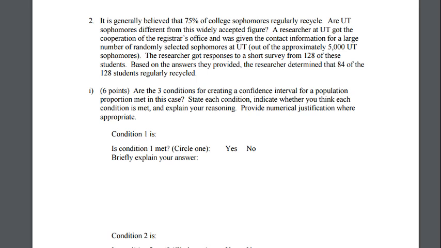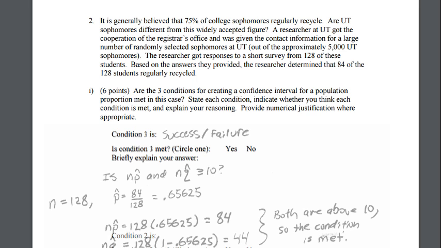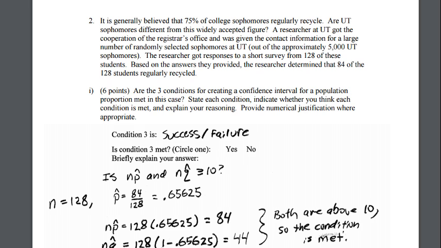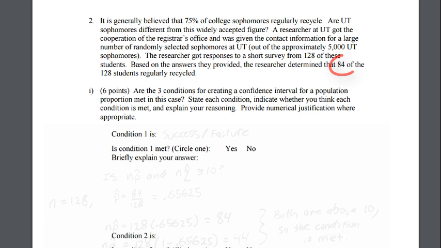This is a chapter with proportions. Since it is proportions, we have the success-failure condition. Specifically, when making a confidence interval, we need to pass the n p hat, n q hat condition. And what n p hat and n q hat actually mean for this third condition, the success-failure condition, is that we have at least 10 successes in the sample and we have at least 10 failures in the sample.